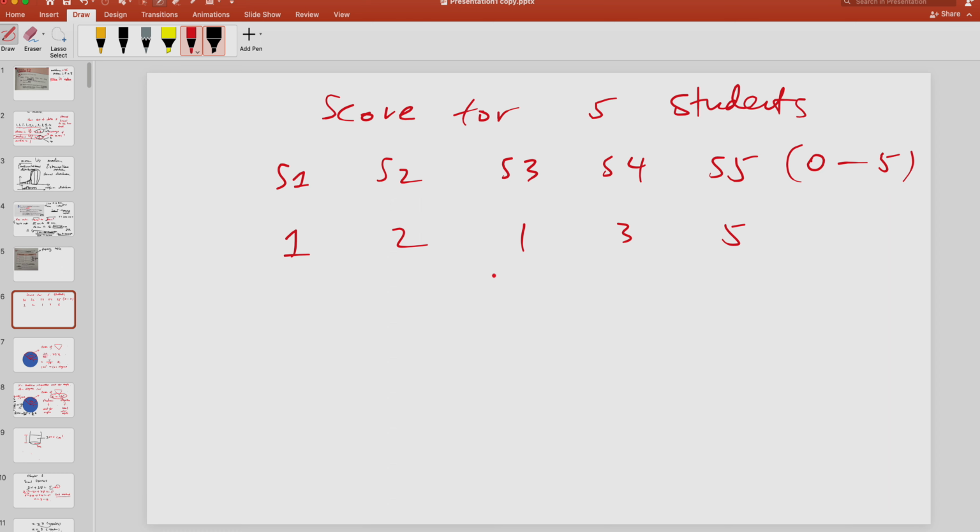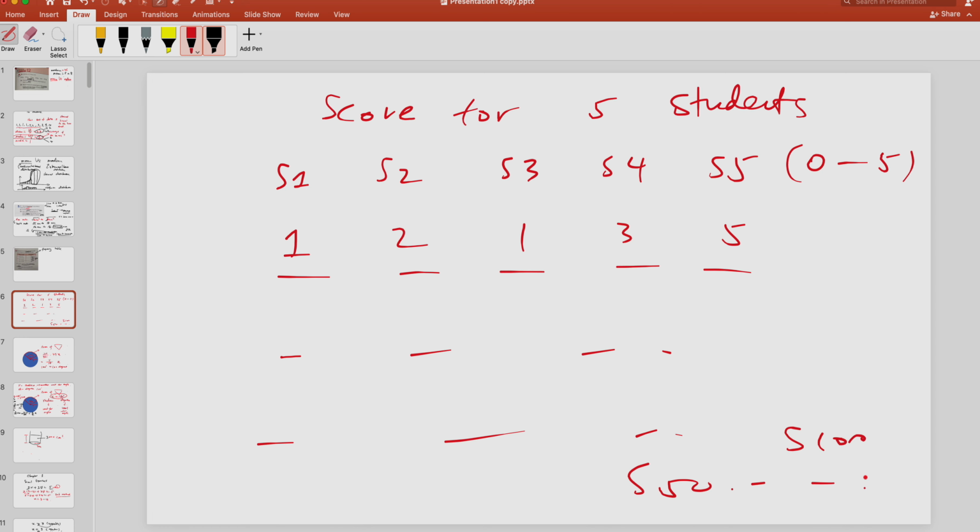So in this case, it's okay if you record them individually. Imagine you have 50 of them. You're going to have a lot of numbers, 50 numbers. Imagine you have 100 of them. You're going to write down 100 numbers.